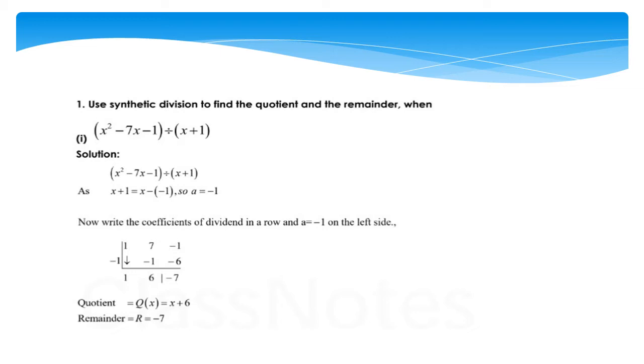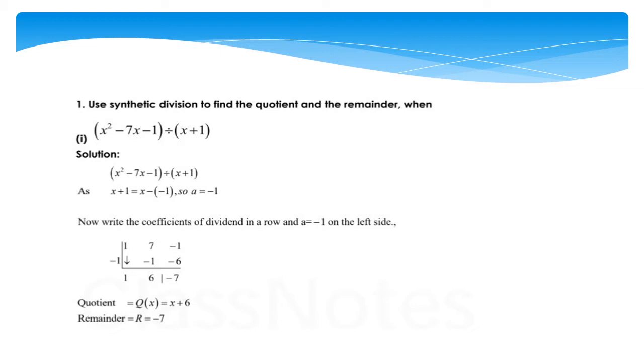So a is equal to minus 1. Now write the coefficients of the dividend in a row, with a equal to minus 1. The x square coefficient is 1, the x coefficient is minus 7, and the constant is minus 1.